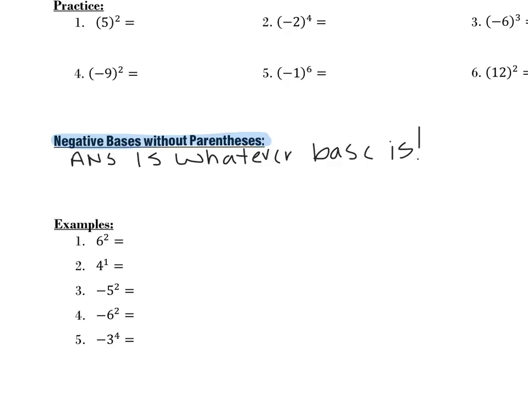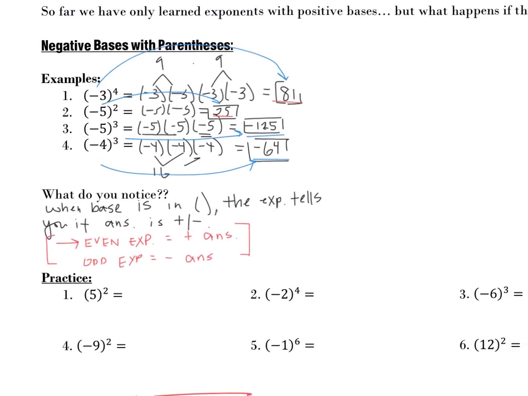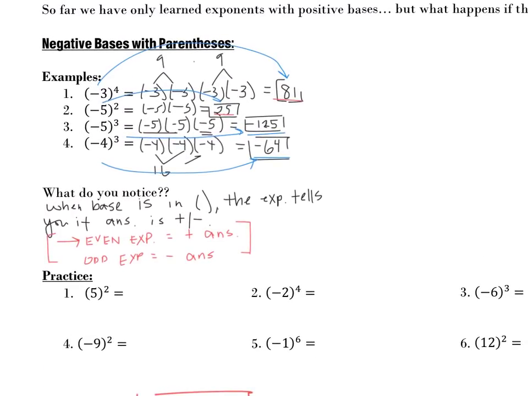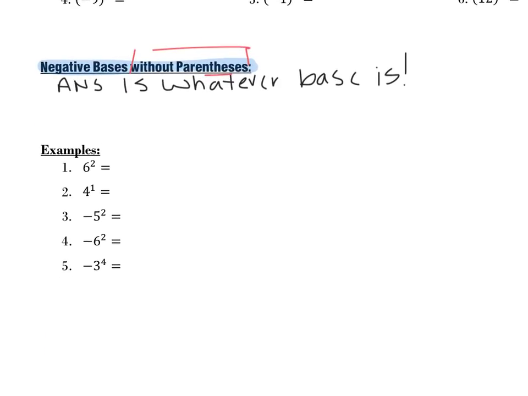So if my base is positive, my answer is positive. If my base is negative, my answer is negative. This only works when I don't have parentheses. When I have parentheses, notice all these problems up here had parentheses, I do the even-odd trick. Down here, if you look at these examples, I don't have parentheses, so whatever the base is, that's what my answer is.